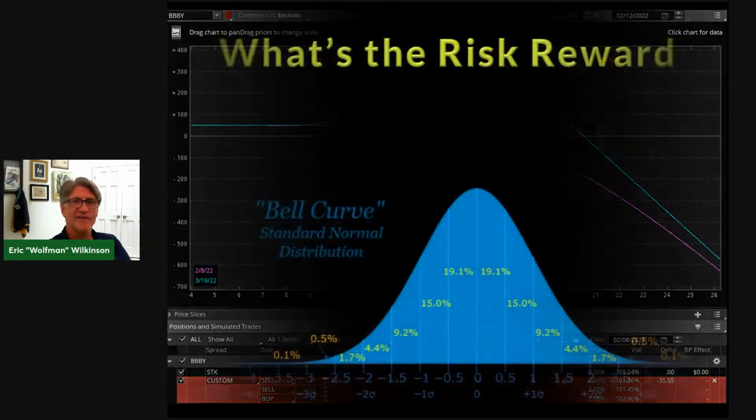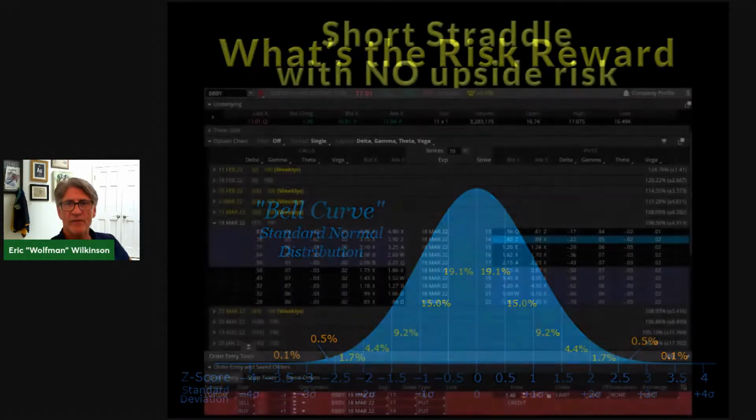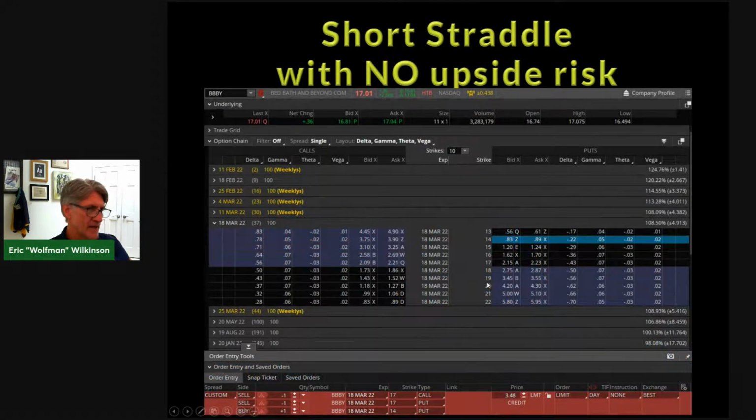Now, if we go over and look at this in comparison to the chart, right? If I look at this and say, well, I've got $3.48. My break even to the upside is the 17 plus the 3.48. So my break even on this trade, $17, right?